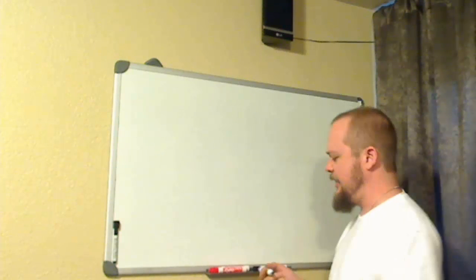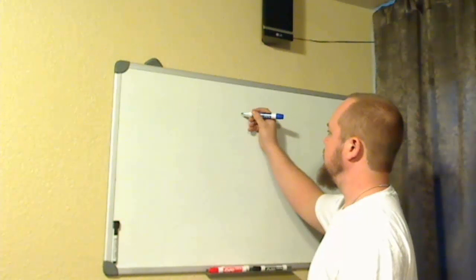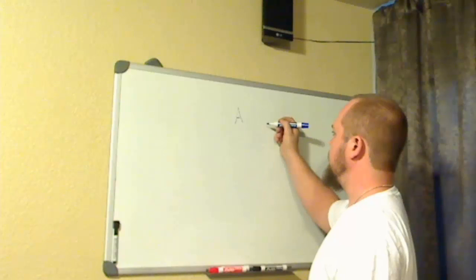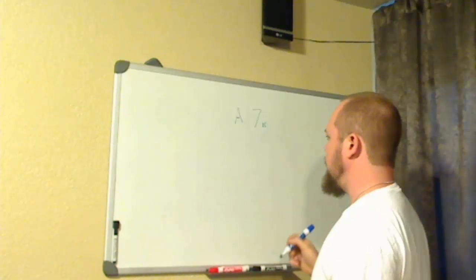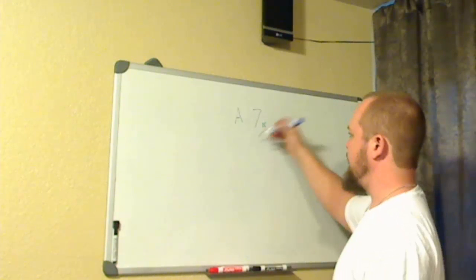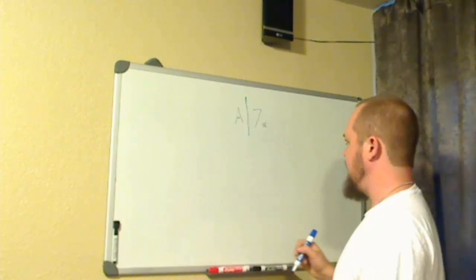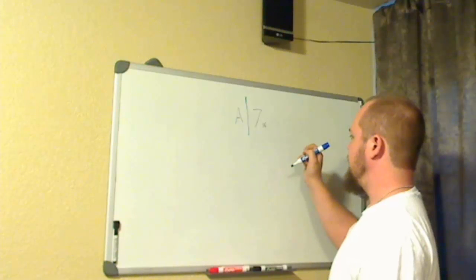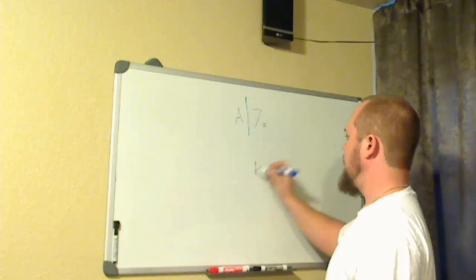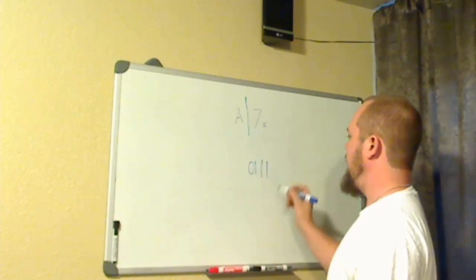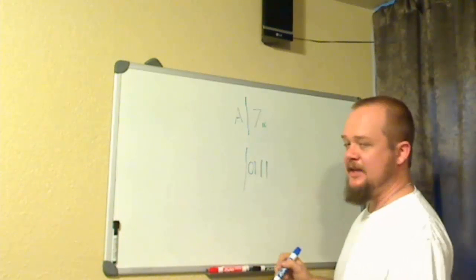Now let's go ahead and convert hexadecimal A7 to binary. That's simple, as we just did before. Split each digit up. We know each digit represents 4 bits in binary. So 7 is going to be 0, 1, 1, 1 in binary, and the A is going to be a 10.